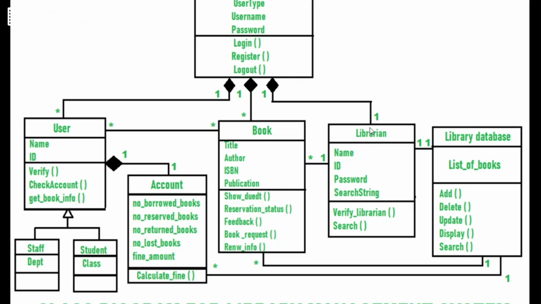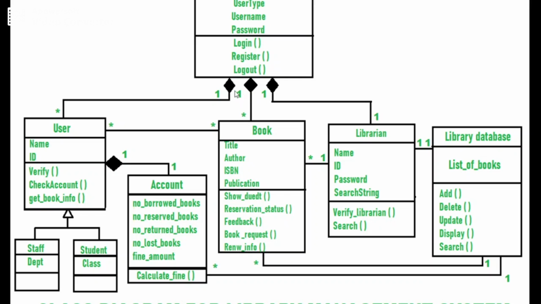Another class is librarian. Here the attributes are librarian name, ID, password, then search. You can search, isn't it? Then verify librarian search. Then you have library database class. What is the attribute? List of books, and the operations are add, delete, update, display, search.